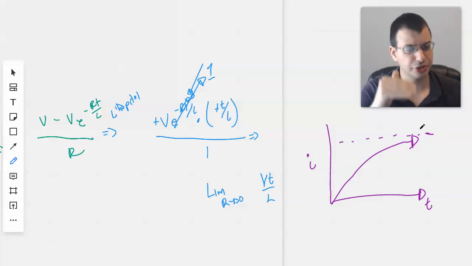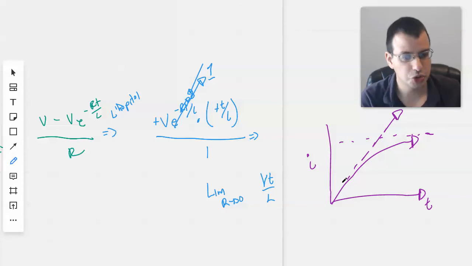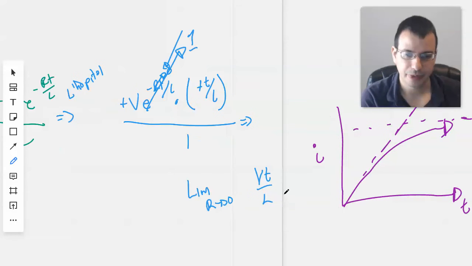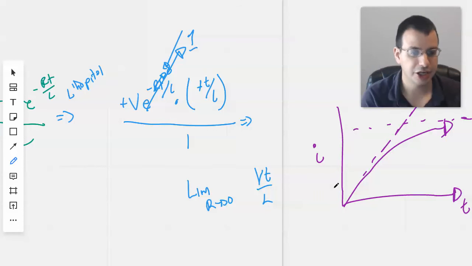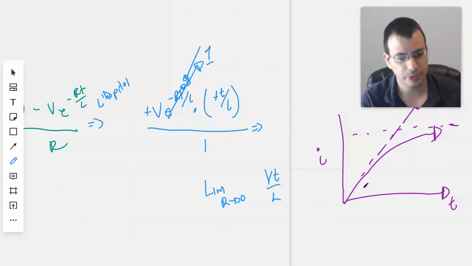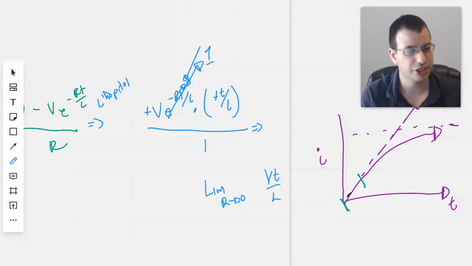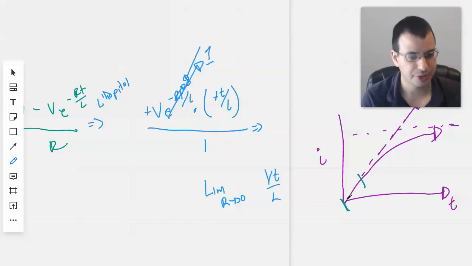But as resistance goes down to 0, what we get is Vt over L, which is kind of like this straight line. As V and L are constants, voltage and inductance are constants, and T just keeps getting bigger. And so what you get is this ever-expanding linear relationship. You basically have this small section here, which is at the initial, and it extends forever as the resistance drops down to 0.